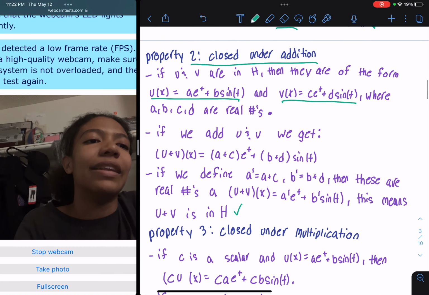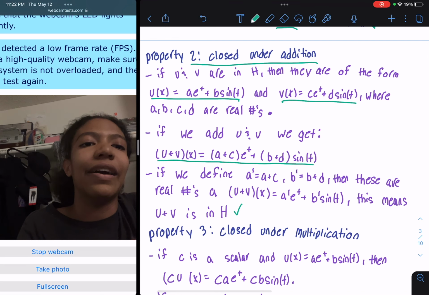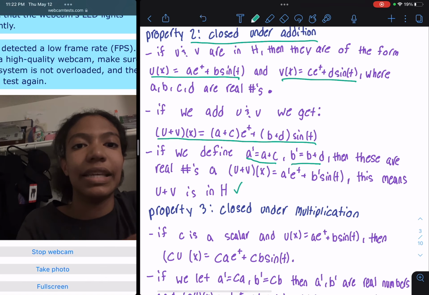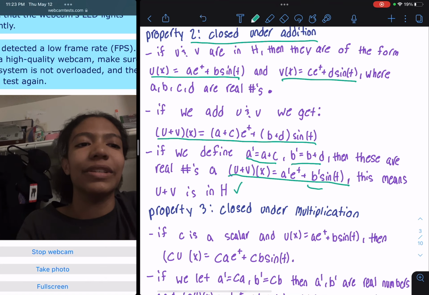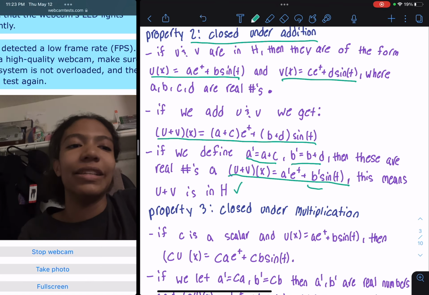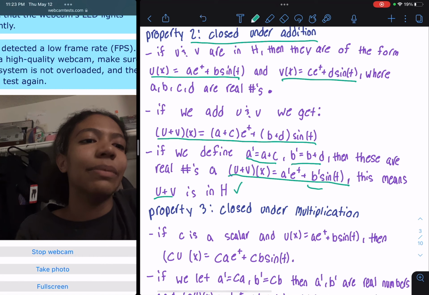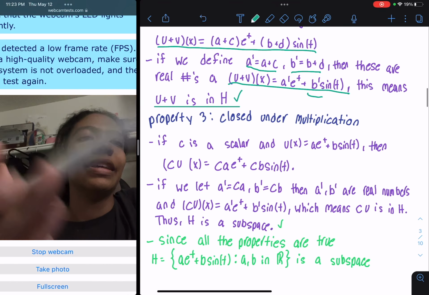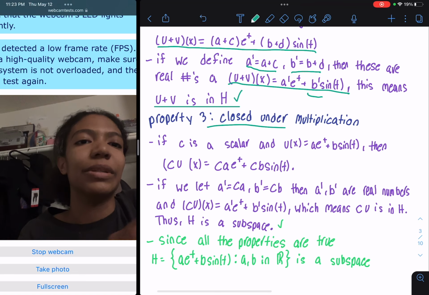And then when I added U and V together, I got this. And I had to find A prime to be A plus C and then B prime to be B plus D, and got this. These are still real numbers, and this means that U plus V is in H, and then it needs to be closed under multiplication.